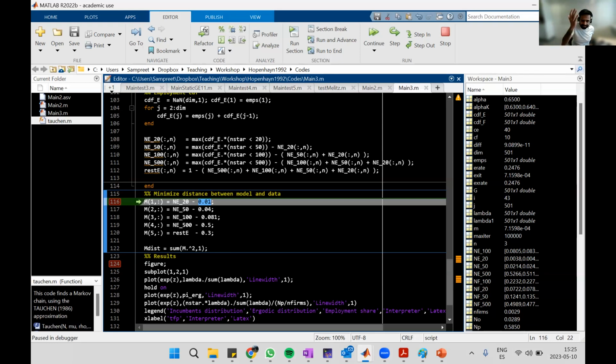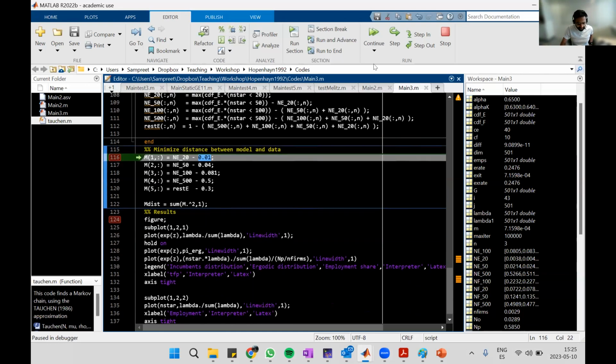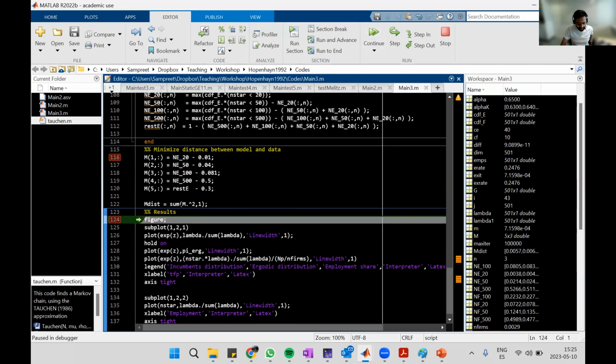You can increase or decrease the number of moments, it doesn't matter, depending upon the fit that you have in mind. Then I will sum the distance. You have 5 moments, so it's an over-identification for 1 parameter. I'm just squaring the distances and adding them up.